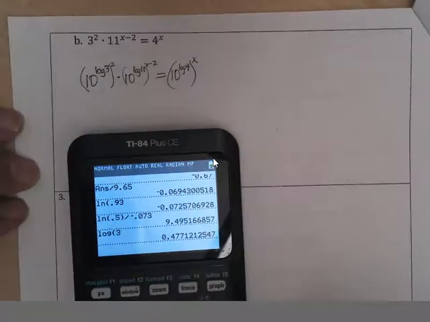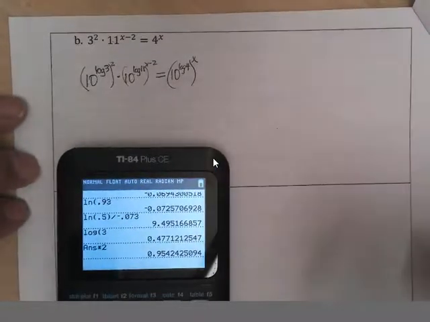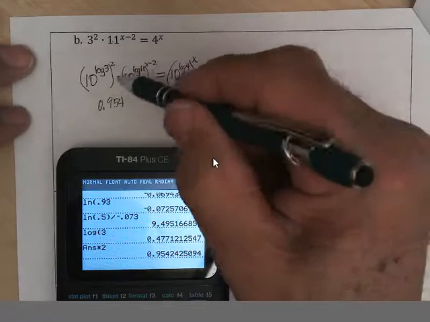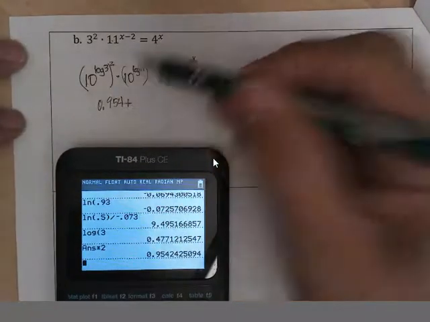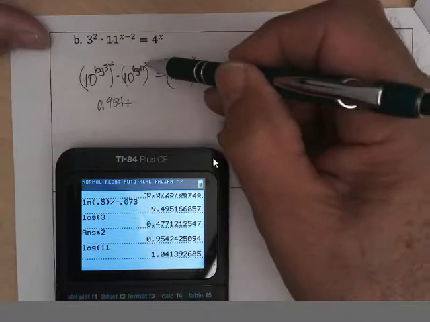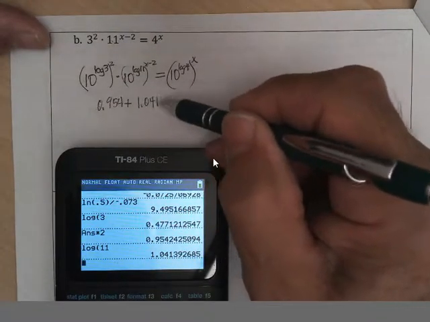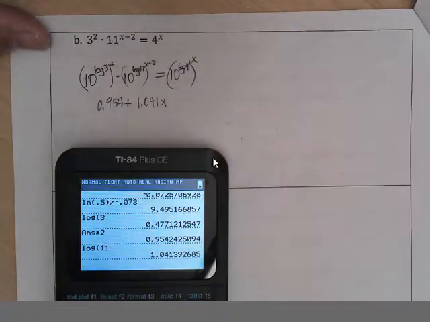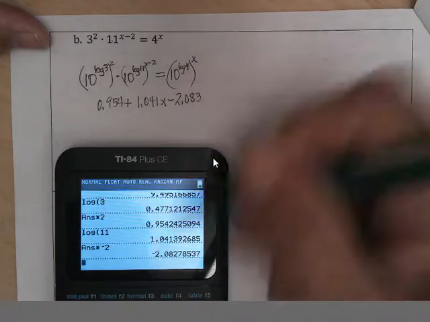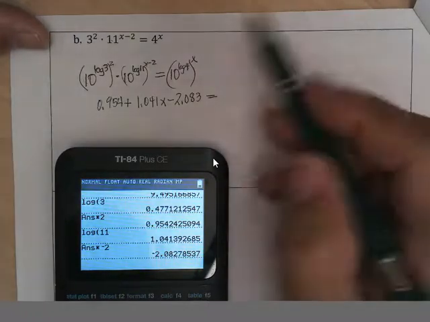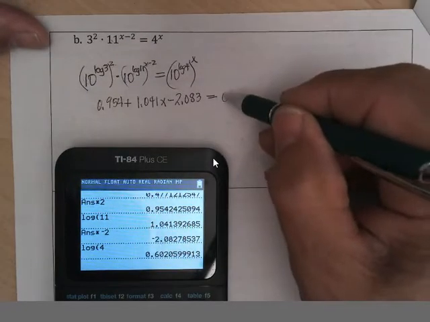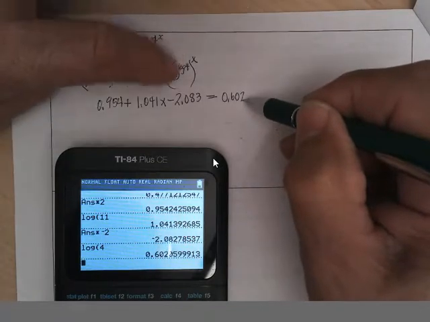So I have 2 times 0.477, so times 2, and the power on this 10 would be 0.954, and so I'm going to be adding plus log 11, which is 1.041, and I'm going to have that times x, 1.041x, and also times a -2, times -2, and I get minus 2.083 rounded, equals, and over here I've got log 4, which is 0.602 times x, because you multiply the powers there.